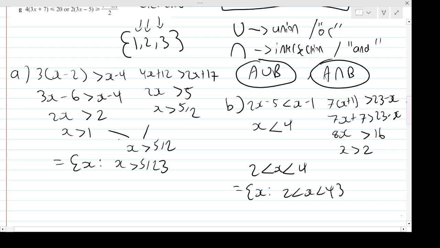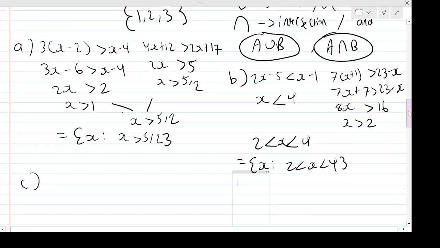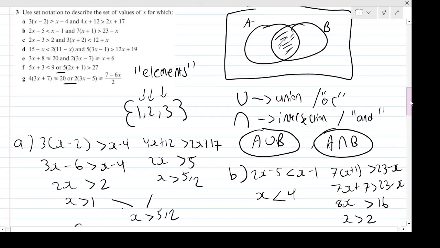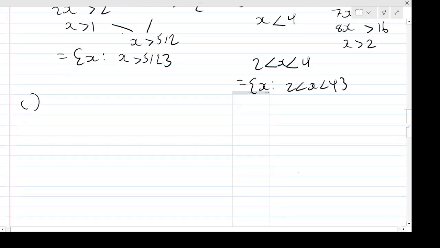Now we don't need to split this up because it's one singular inequality, okay? We have two inequalities, sure, but they're combined as one whole inequality, right?